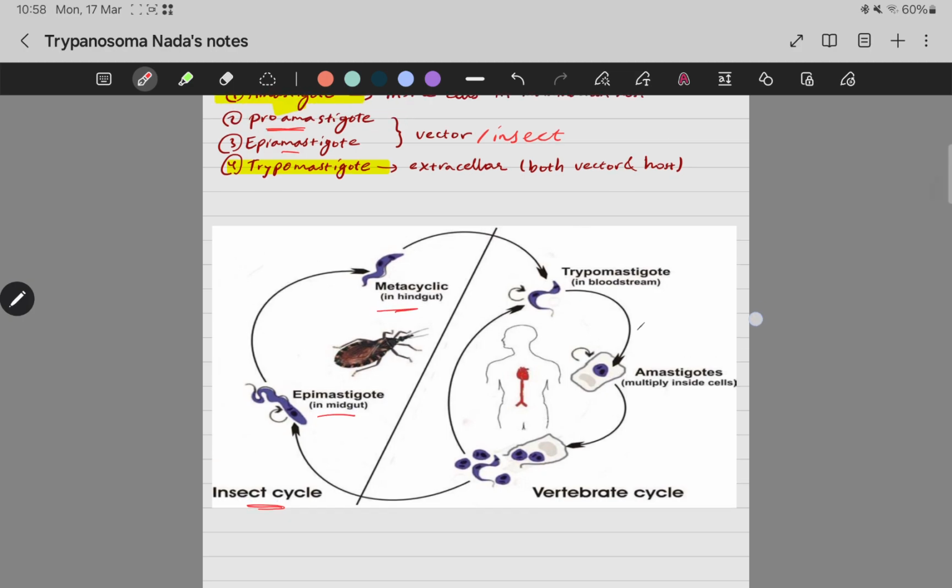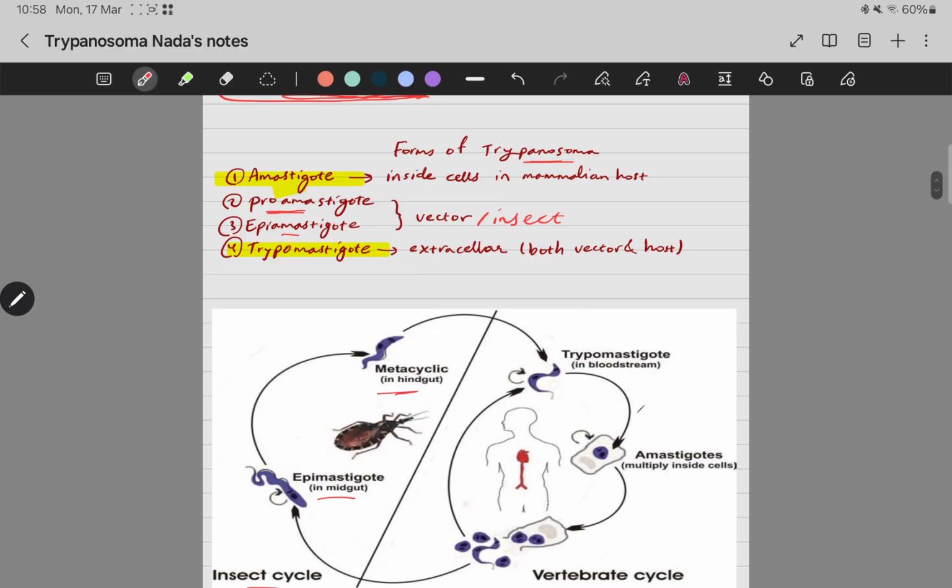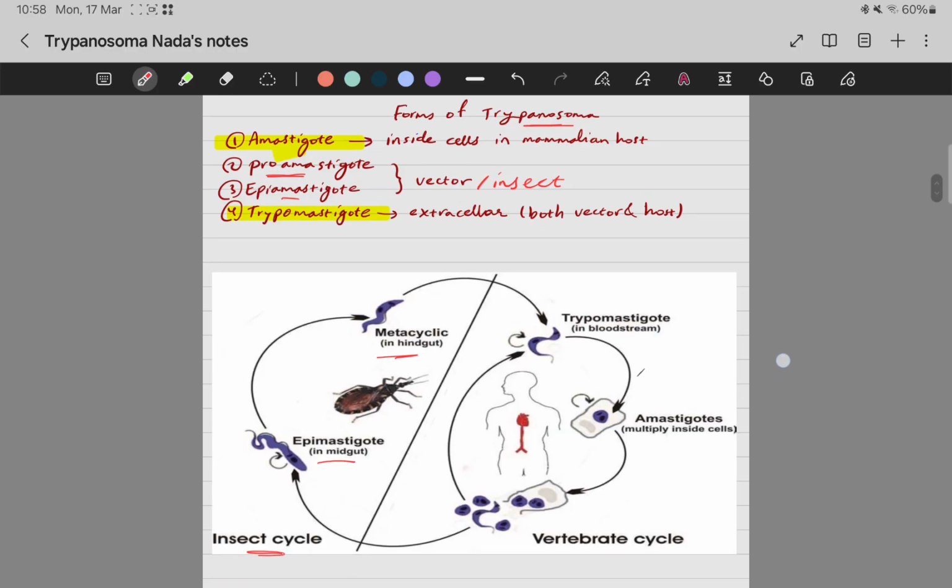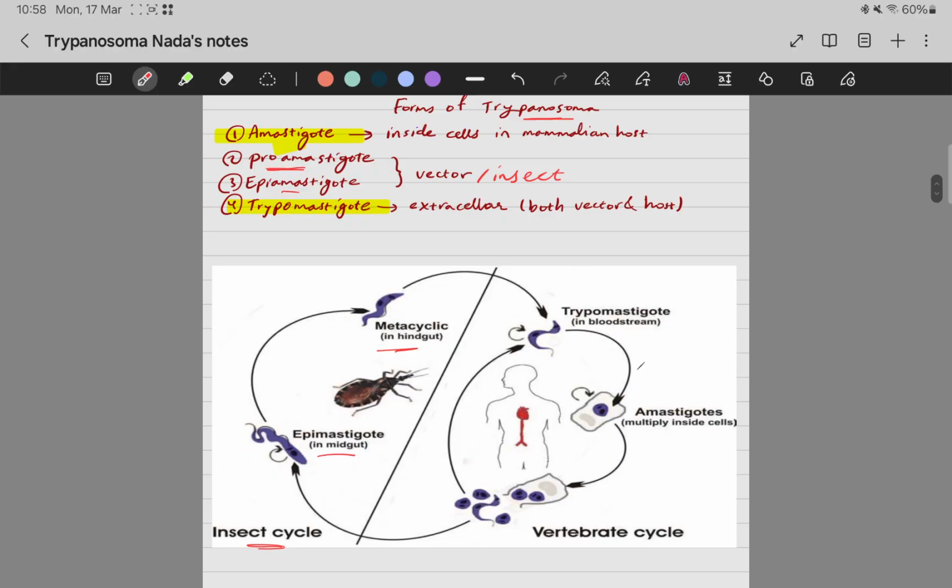These two stages are never seen in mammals or in humans. So what do we see in humans and mammals? We see the amastigote and the trypomastigote. The amastigote is found inside the cells of the mammalian host, and trypomastigotes are the extracellular forms of the trypanosoma, found in the bloodstream and body fluids.